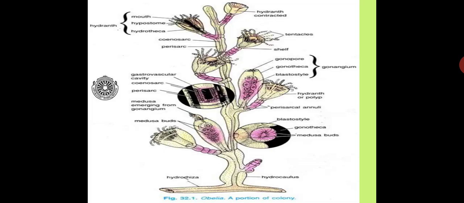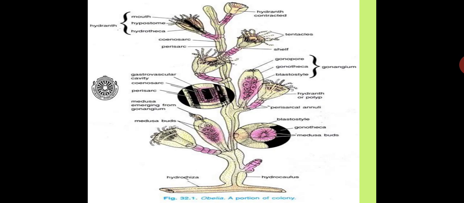In the gonozooid, you will observe many saucer-shaped projections called medusae, and there is an opening called the gonopore, through which these medusae will come out at the time of reproduction.